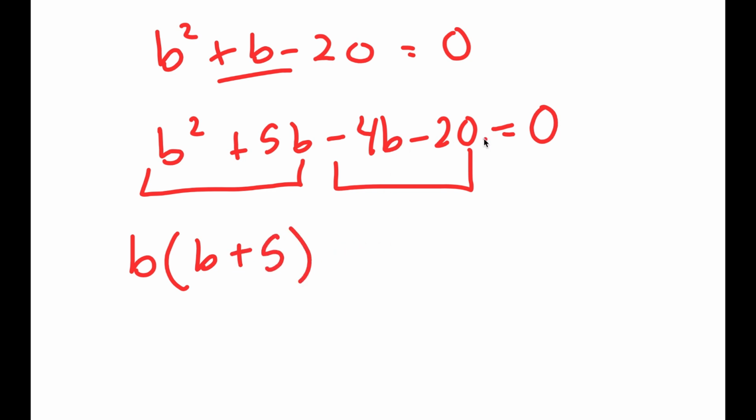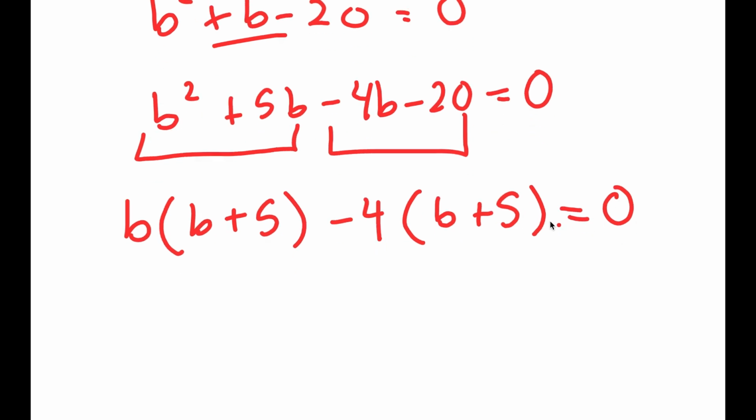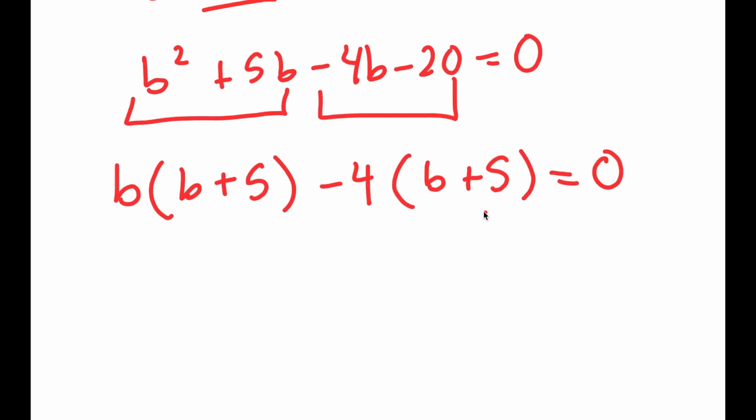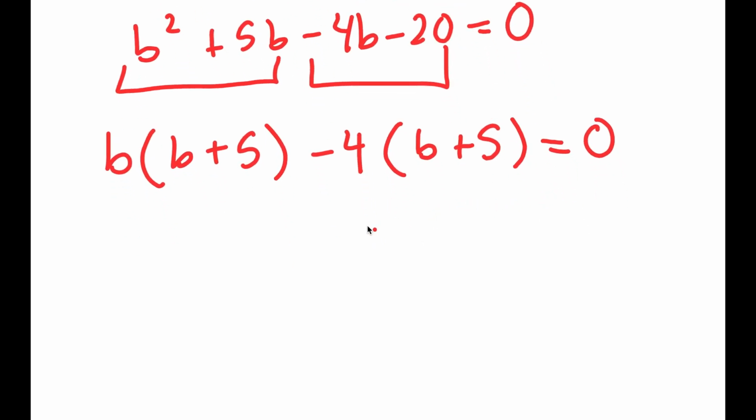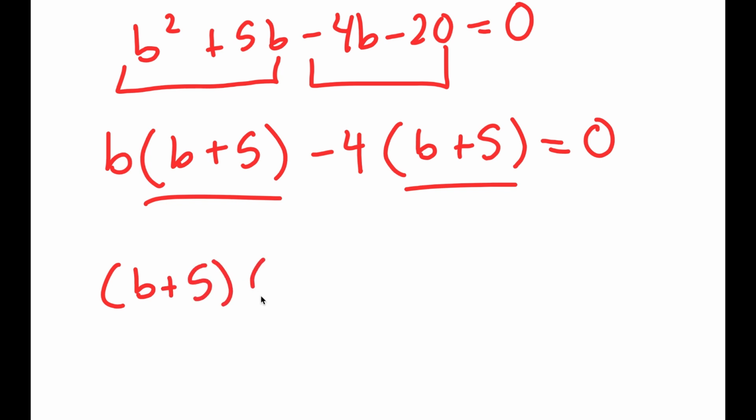And from negative 4b minus 20, the greatest common factor is negative 4. So I get negative 4 times b plus 5. Now from here, notice how both of these terms have b plus 5 in them. So I can factor out b plus 5, and I get b plus 5 times b minus 4 is equal to 0.